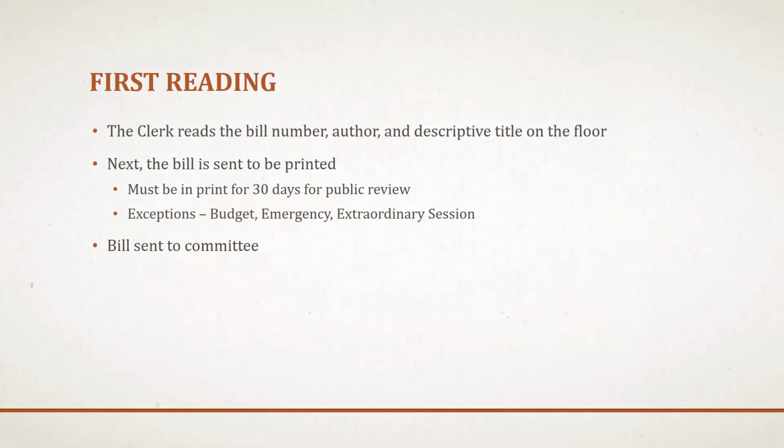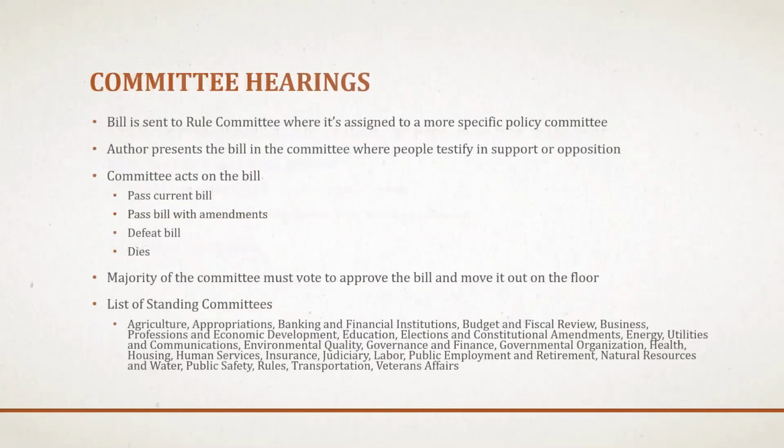And then, except for those three sort of committees, mainly because of emergency and extraordinary, that's like for COVID relief. If there's fires, we had that a couple years ago. Those emergency bills, because there's no time to wait for that 30 days, people need assistance or people need this law ASAP. They're not going to wait for that period. The bill gets sent to the committee after that 30 days lapses.